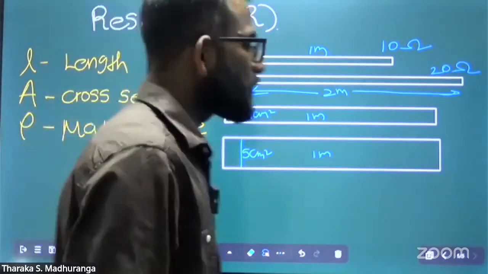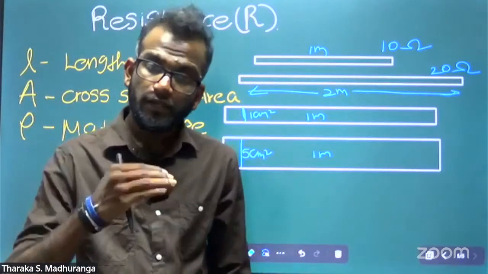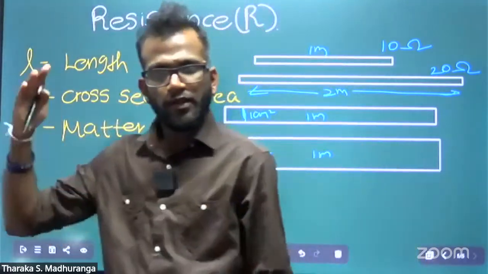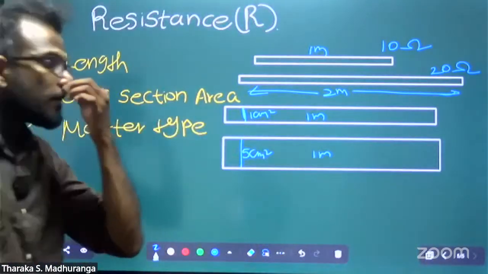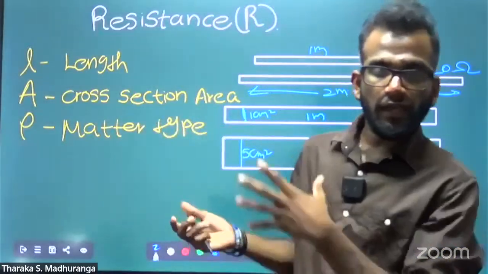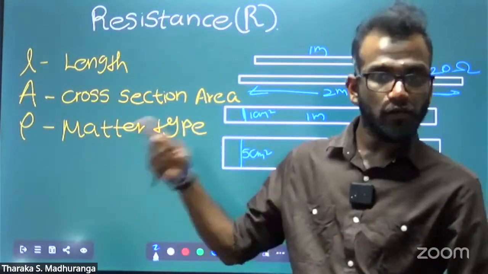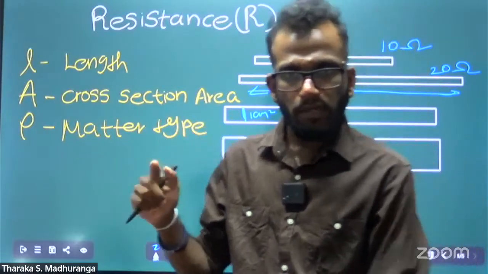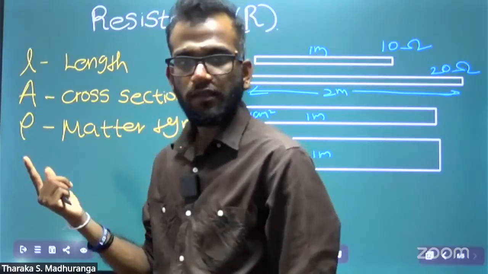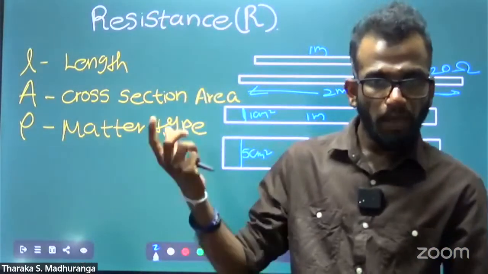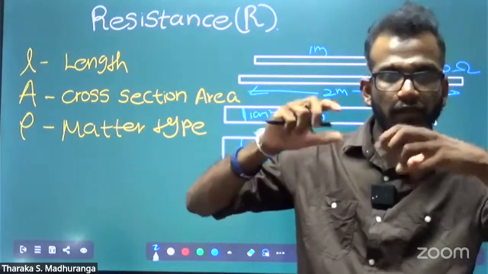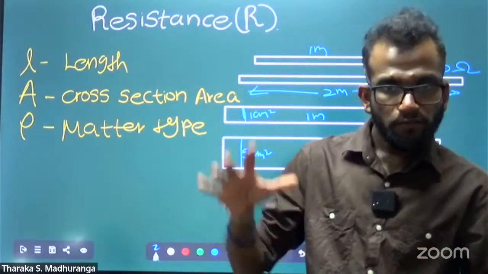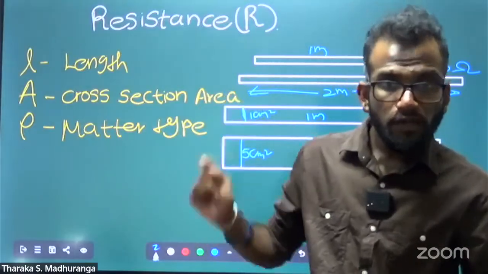Very good. When increasing the cross-section area, the resistance is decreasing. Why? The barrier is decreased. The electrons have more space to flow. Understand with the reason. Therefore, when we increase the cross-section area, the resistance is decreasing.